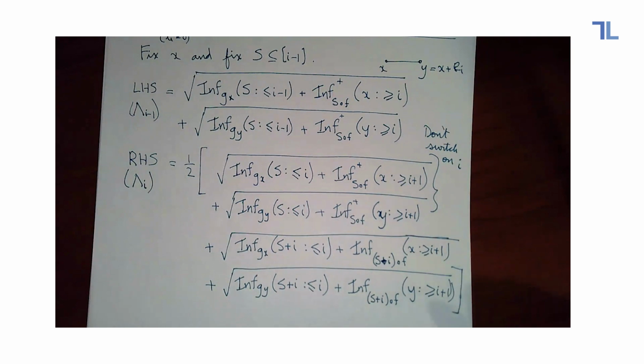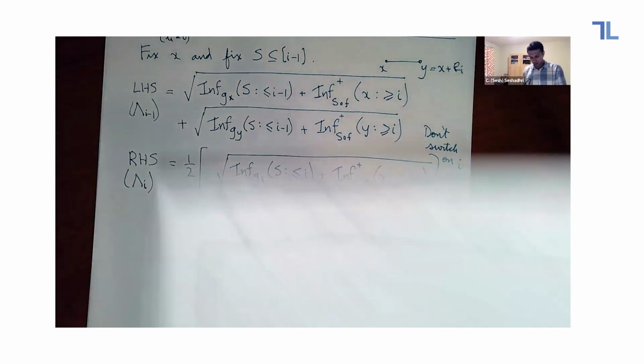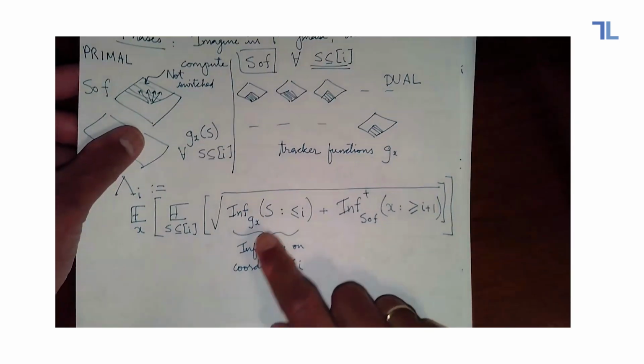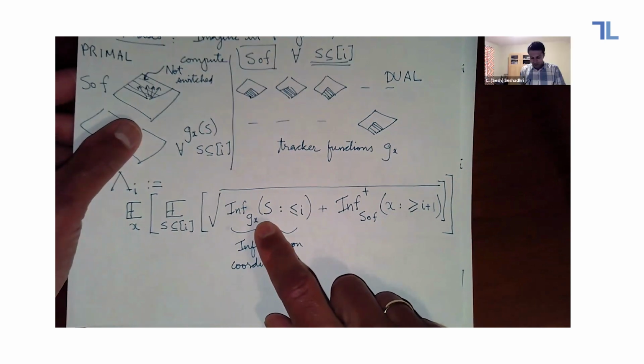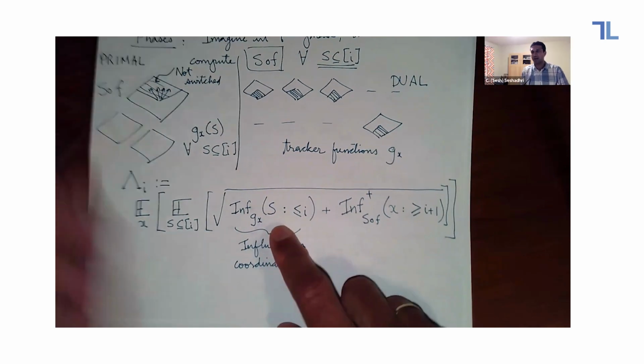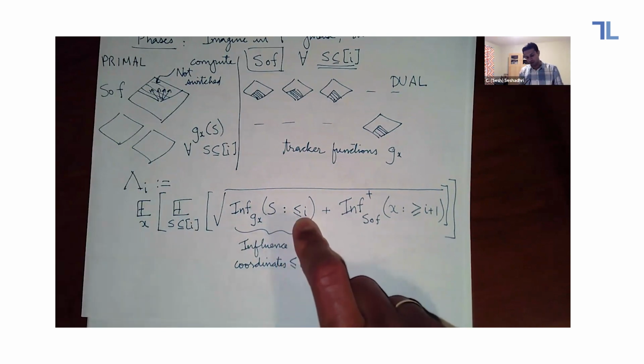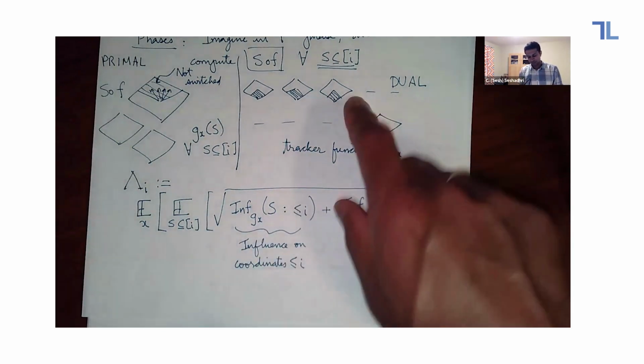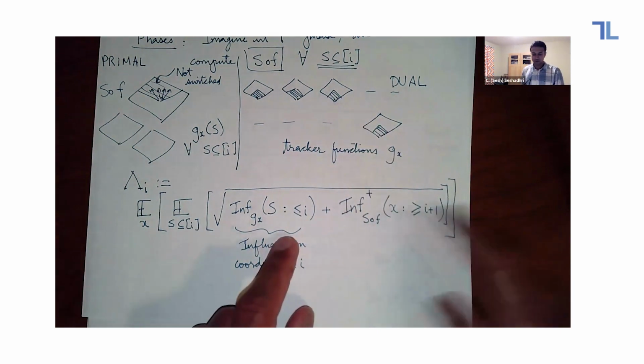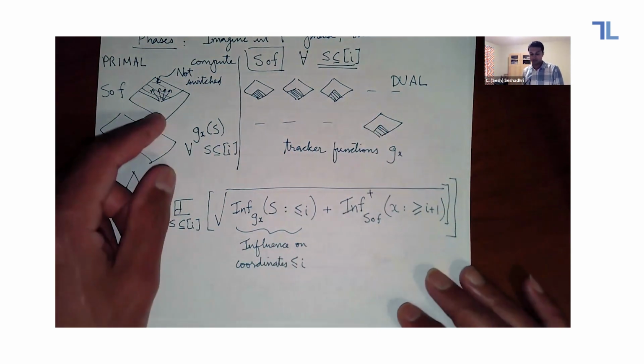So can you say again this notation S less than or equal to i? Yes, this thing. So this is just saying that you are counting the influence on coordinates at most i. Like the first i coordinates, you're counting the influence in the tracker function. In the remaining coordinates, you're counting the influence in the original, so in the primal.